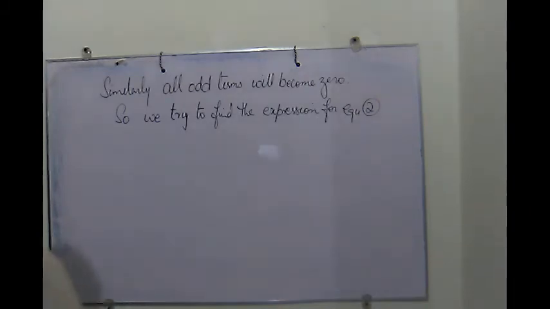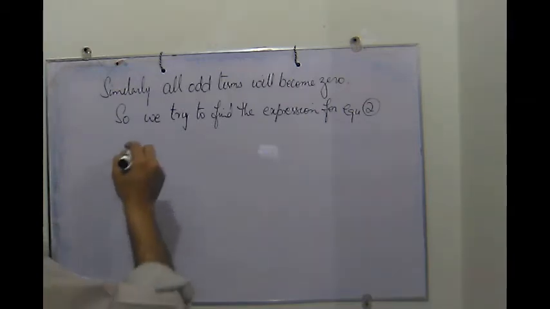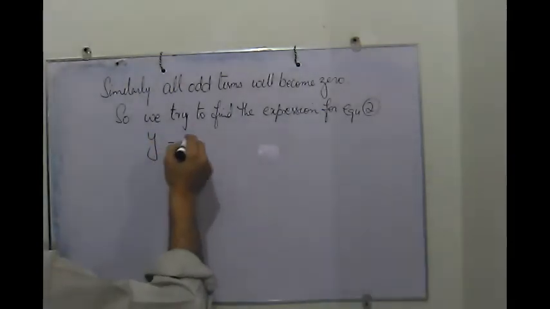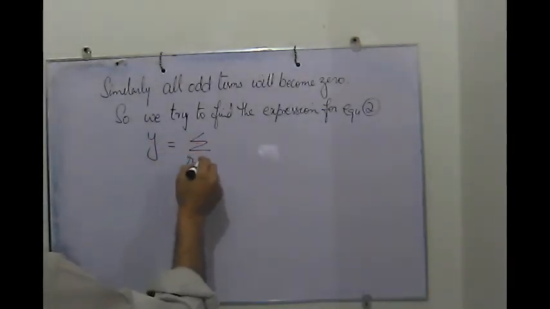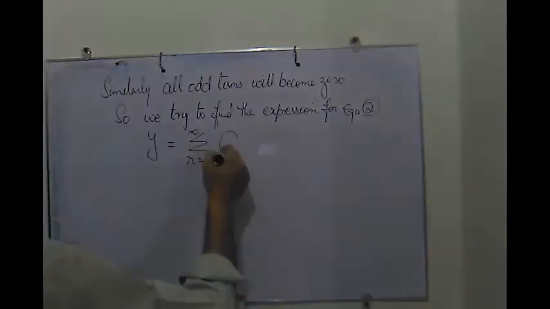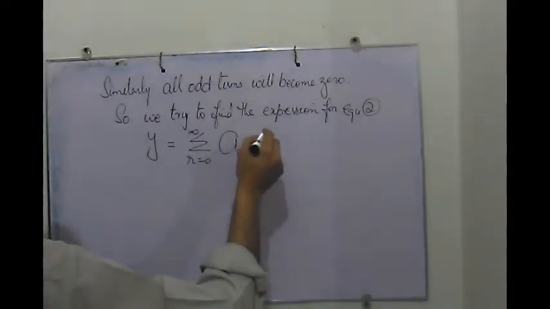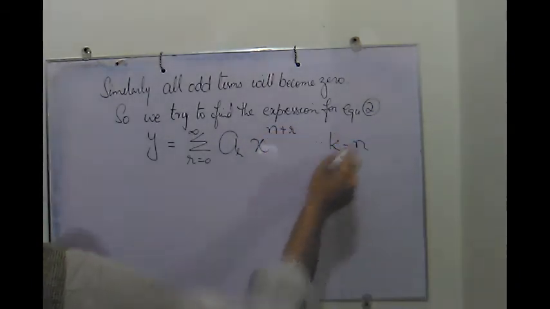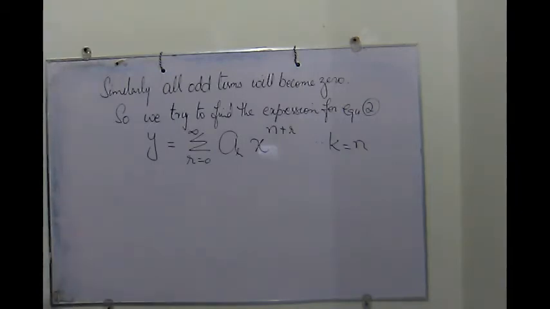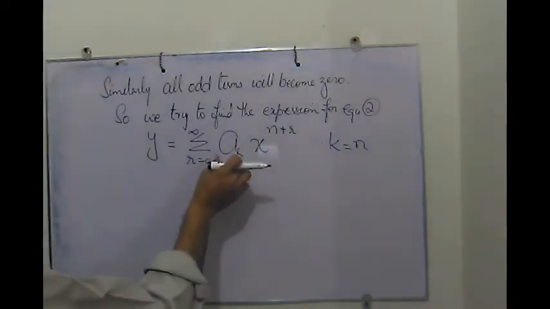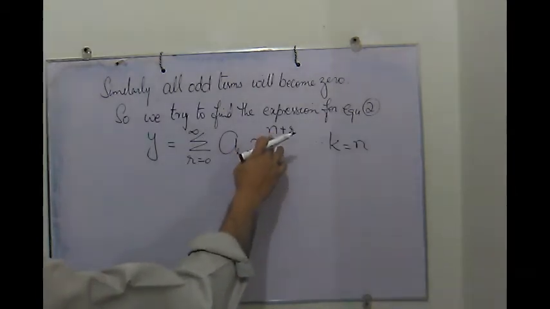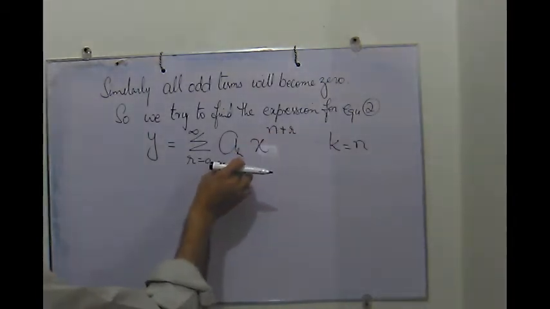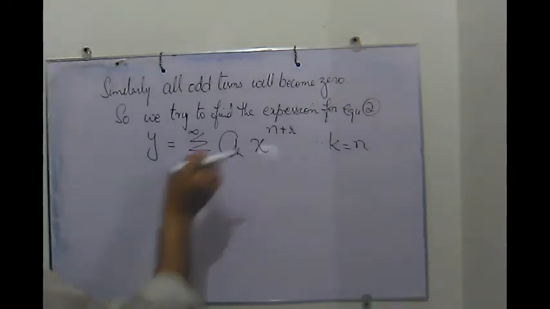Now, if you remember, we were doing all this working for the coefficients so that we can find the coefficients in equation number 2, which was y is equal to summation r is equal to 0 to infinity a_r x to the power n plus r, because we found that k is equal to n plus r, and we want to find the values of coefficients.